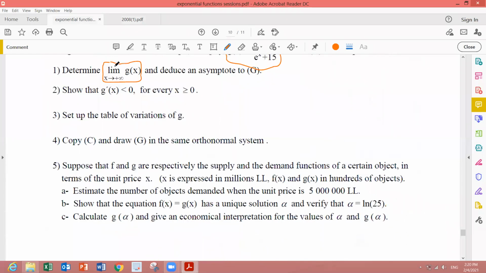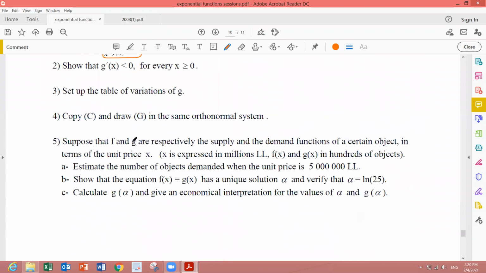Part 5. Suppose F and G are respectively the supply and the demand functions of a certain object. The unit price X is expressed in millions. Fx and Gx are expressed in hundreds of objects.